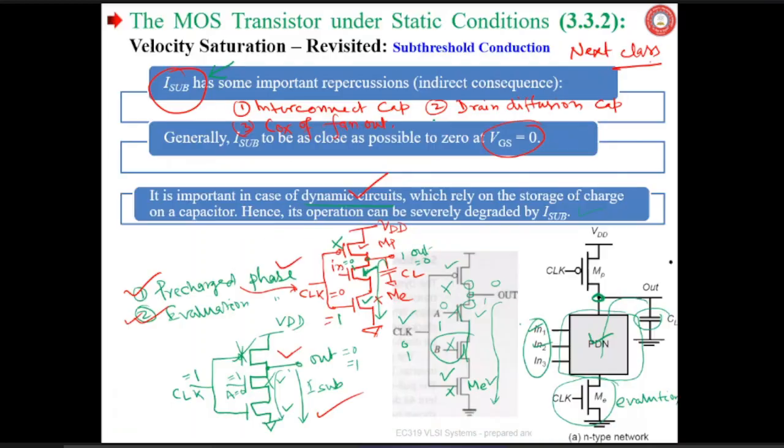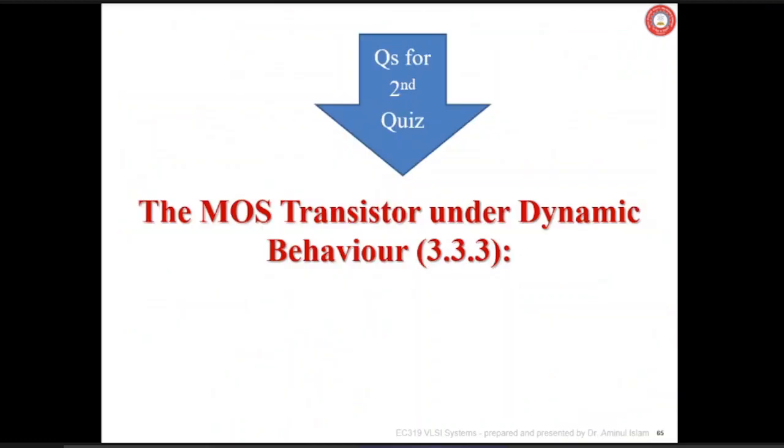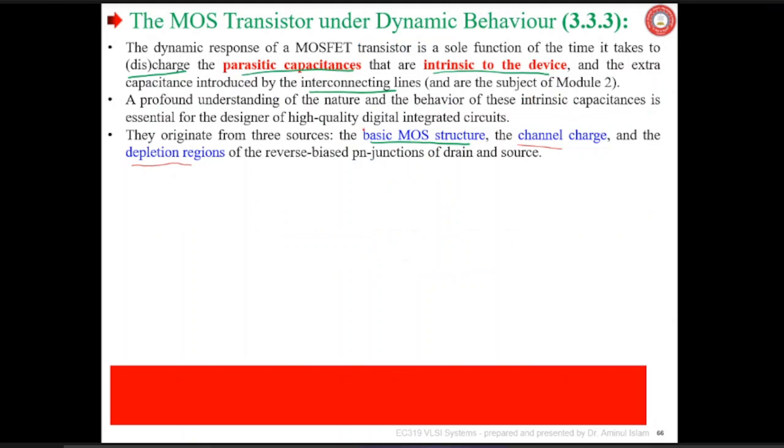In this case, the PMOS is going to offer the drain diffusion capacitance, and the NMOS is going to offer the drain diffusion capacitance. And what is drain diffusion capacitance? We have discussed it earlier. Are you remembering, Himanshu? Yes, sir. Okay.